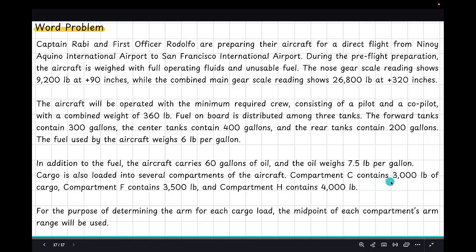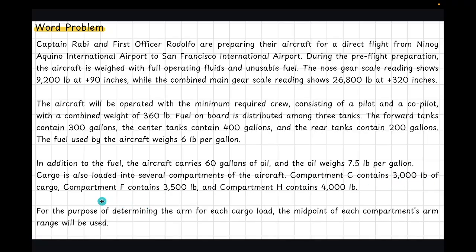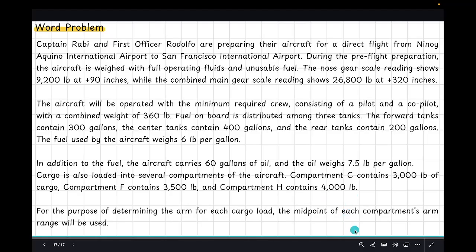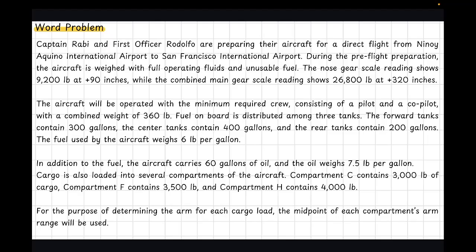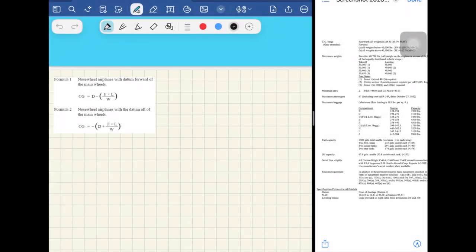Compartment C contains 3,000 pounds of cargo, compartment F contains 3,500 pounds, and compartment H contains 4,000 pounds. For the purpose of determining the arm for each cargo load, the midpoint of each compartment's arm range will be used.